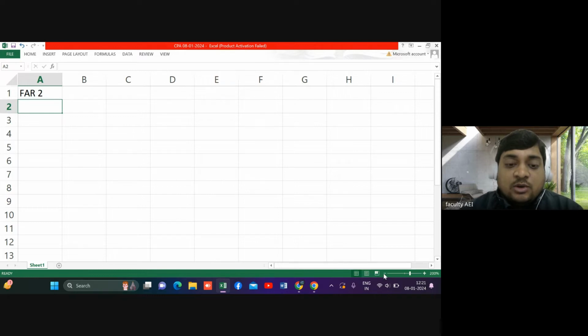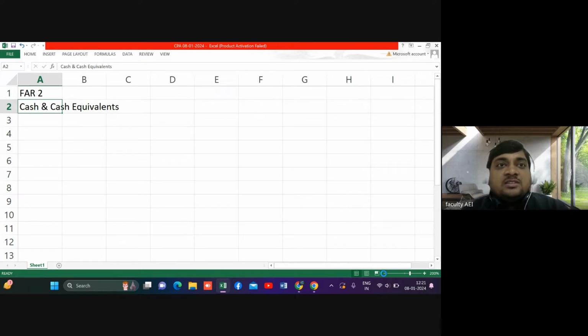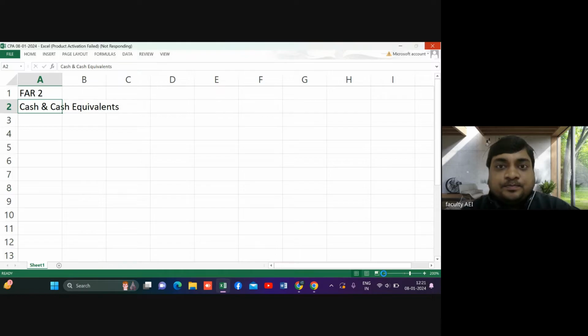And in this part 2, we'll be first talking about cash and cash equivalents, right? Now, when I talk about cash, it means coins, currency, right? And there are a lot of items which come under cash and cash equivalent, okay?